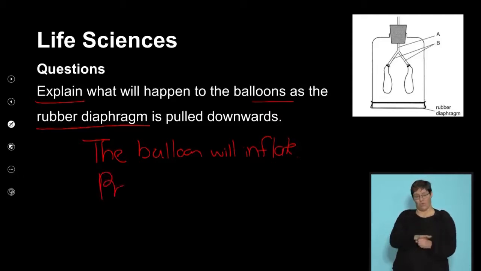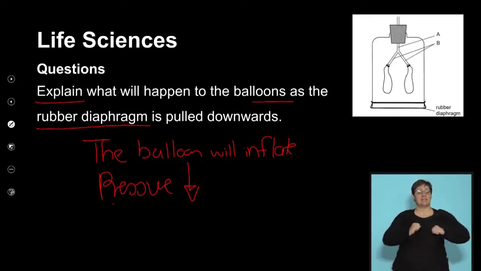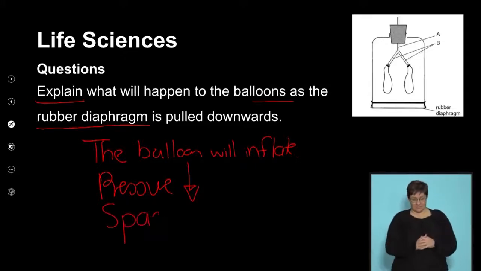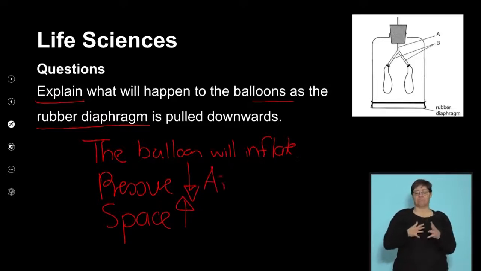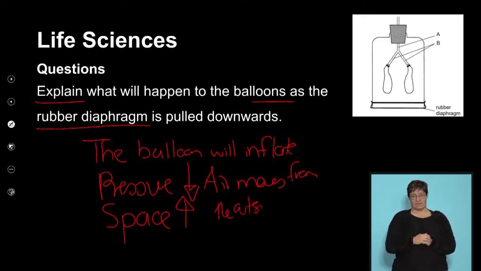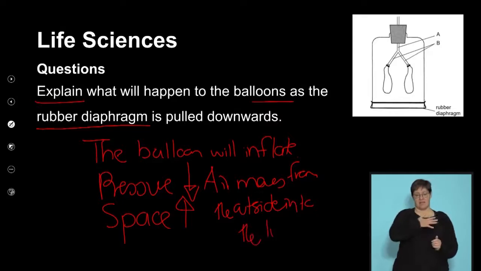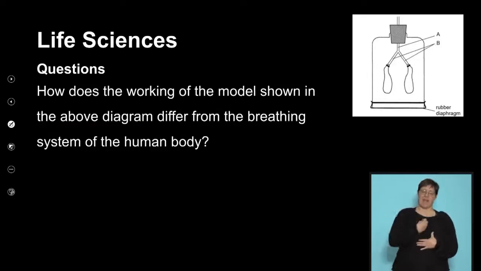Because pressure has decreased. And what have we done? Space has increased. And what does this do? Air moves from the outside into the lungs. All right, so there we go. Nice little question, using the whole process of inhalation and exhalation.